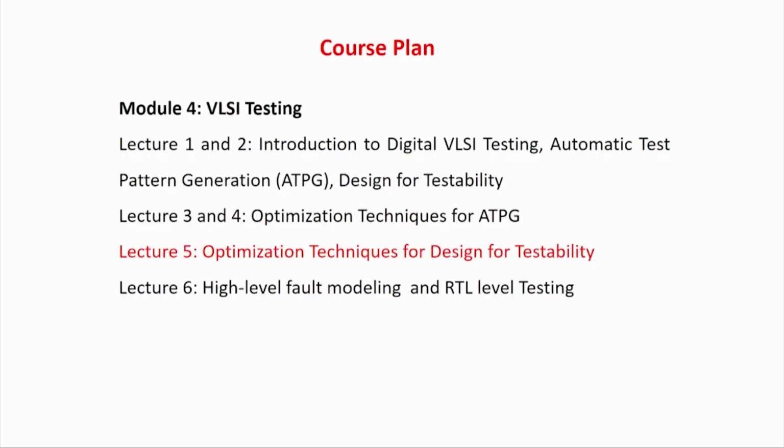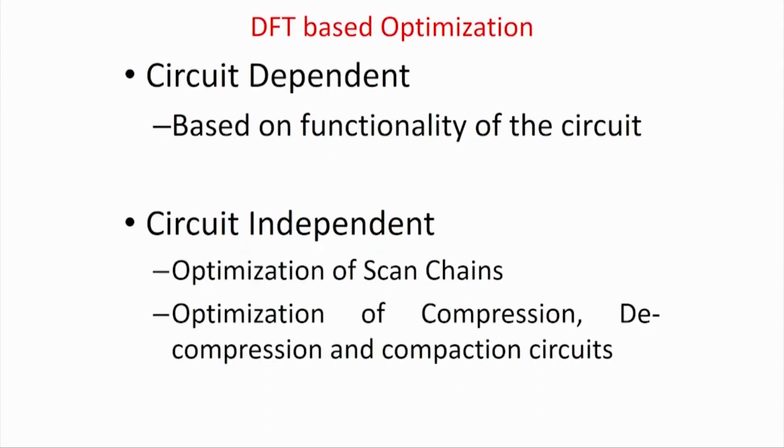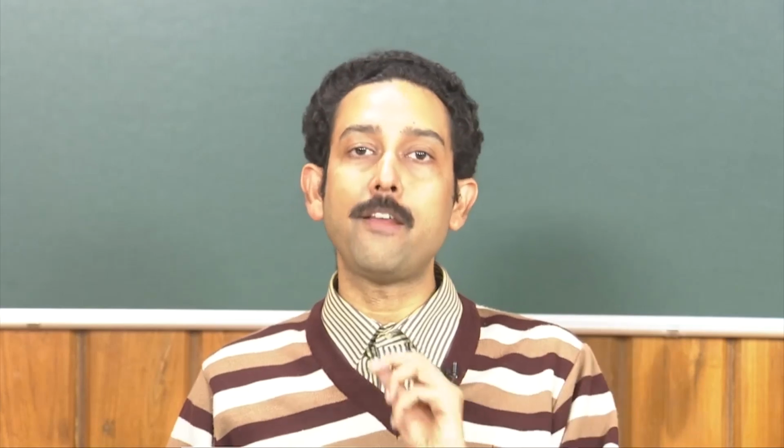In this lecture, we will see how we can optimize the amount of additional circuitry we put for design for testability. For example, to make a circuit testable, we can put a lot of additional circuits so that test becomes very easy. But adding too much circuitry leads to two types of problems. One is that the circuit cost will rise and power will rise, and at the same time, who will test the circuit which you have put in for design for testability?